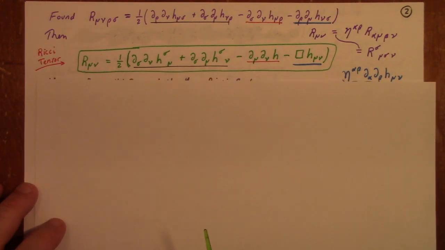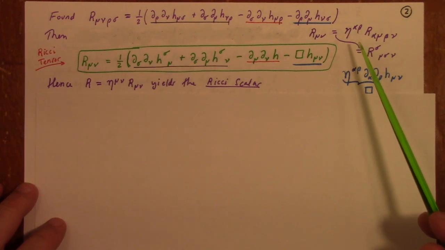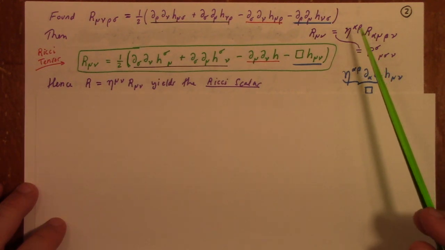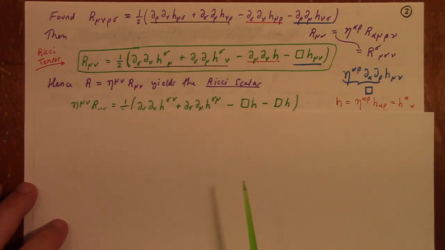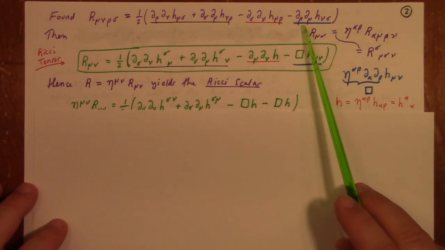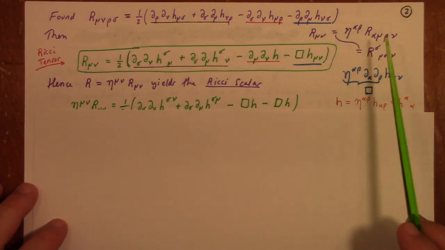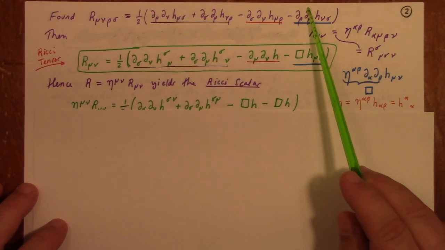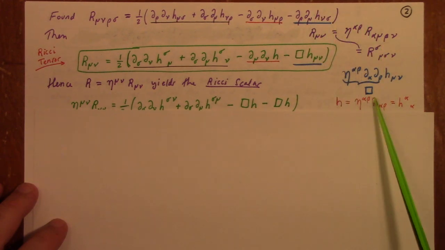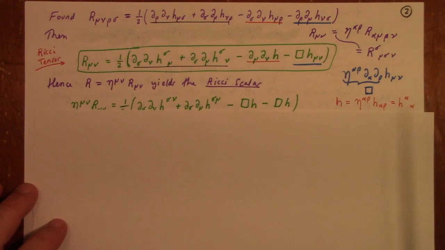And so I have kind of indicated how this contraction goes with some color coding. In particular, the blue piece comes from this blue calculation right here, where I'm contracting over mu rho. And so that ends up basically contracting the partials, which gives you a D'Alembert, a box, which is a fancy notation for minus partial t squared plus partial x squared plus partial y squared plus partial z squared.